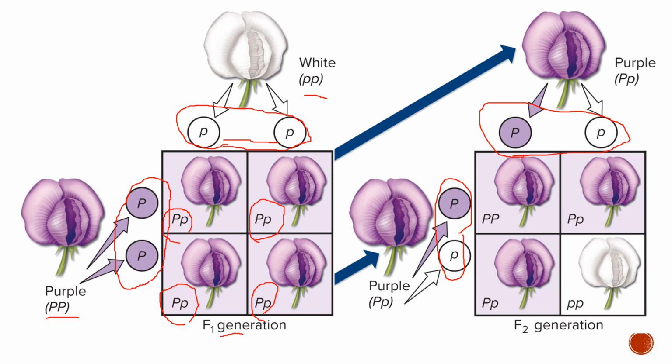But if you started to see some white ones popping into the population, you would know that those purple flowers you started with were actually both heterozygous. Because that's the only way that you could cross two purple flowers and end up with a white flower, is if both of them are heterozygous. So that's what Mendel was doing. He was making all these crosses, and he used all this to come up with those hypotheses.